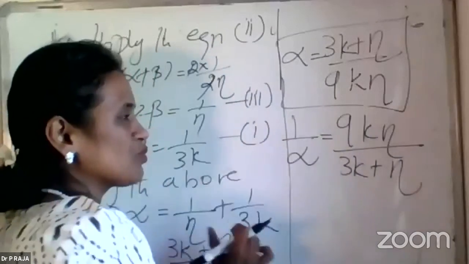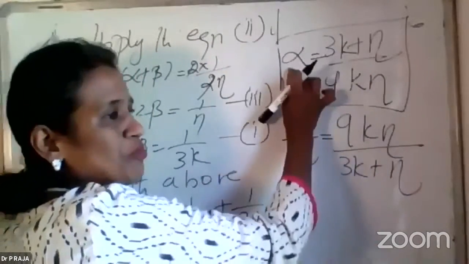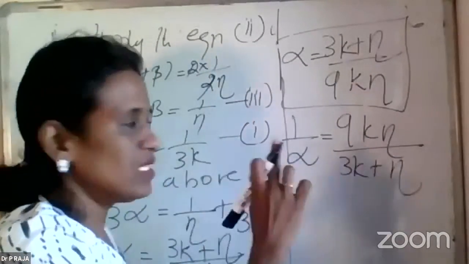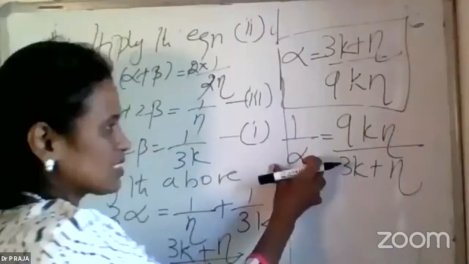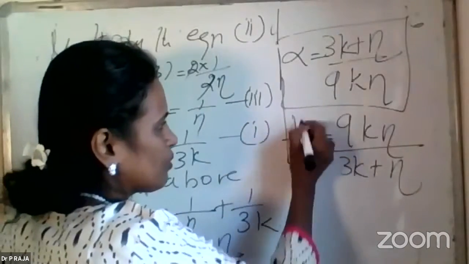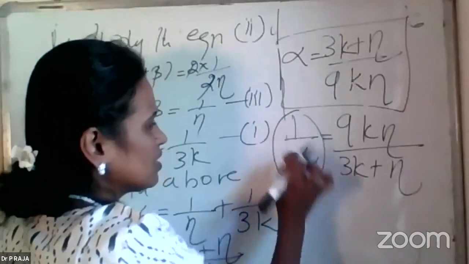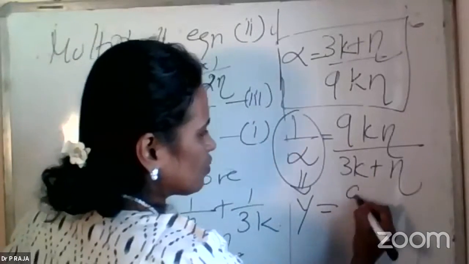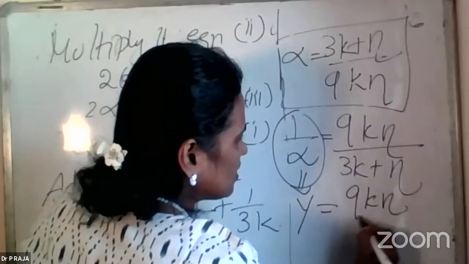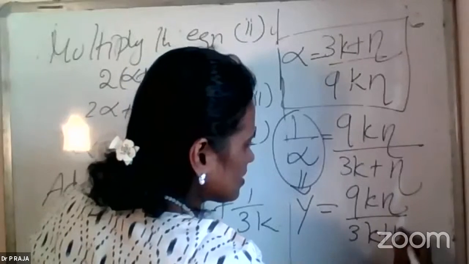To bring it in the Young's modulus form, we are taking 1 by alpha, because we know that 1 by Poisson's ratio is nothing but the Young's modulus on this side. So 1 by alpha will now become the Young's modulus Y.